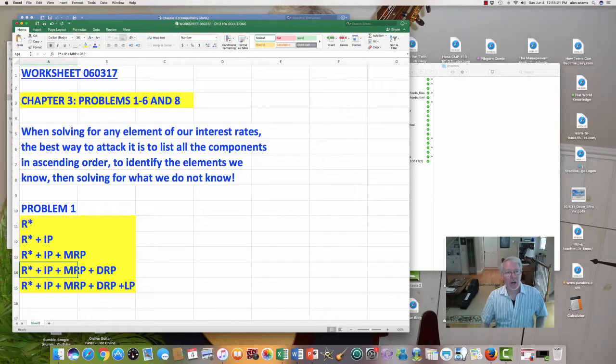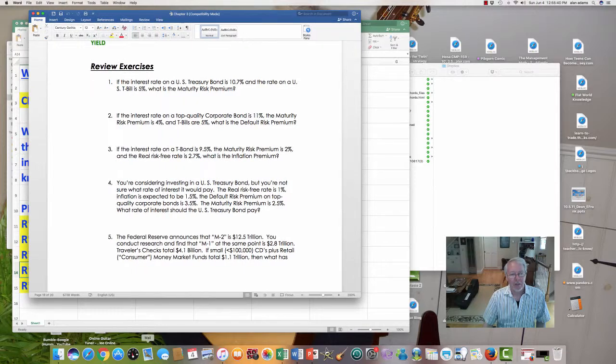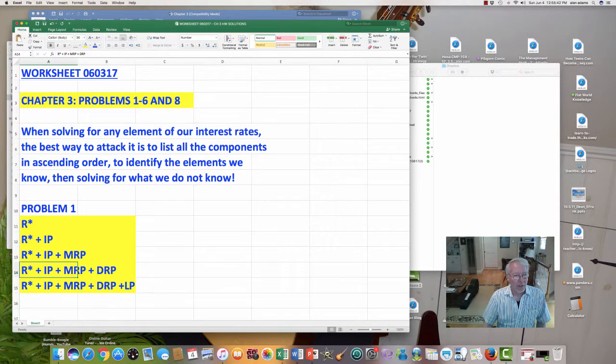So let's attack a couple of these things and see how it's done. The first one, pretty straightforward. The interest rate on a T bond is 10.7, and on a T bill is 5%. What is the maturity risk premium? All right, friends, the only thing separating those elements is the maturity risk premium.